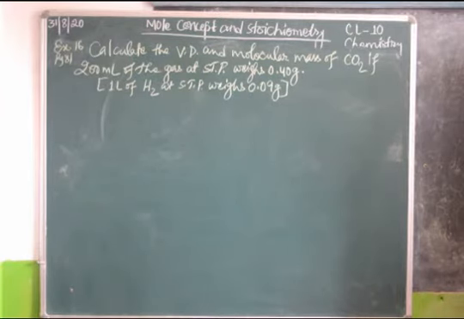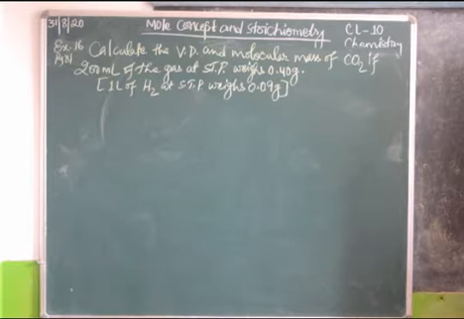What is relative vapor density? Relative vapor density is equal to mass of certain volume of a gas under similar conditions divided by mass of same volume of hydrogen gas under the similar condition.